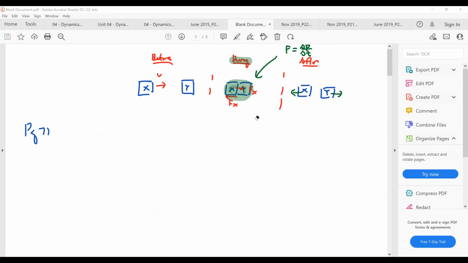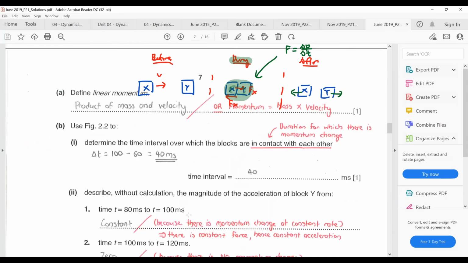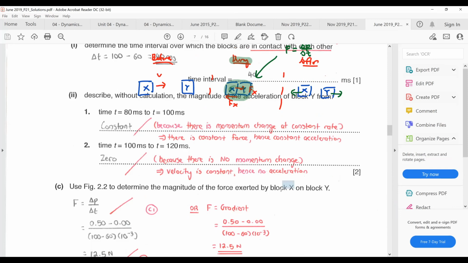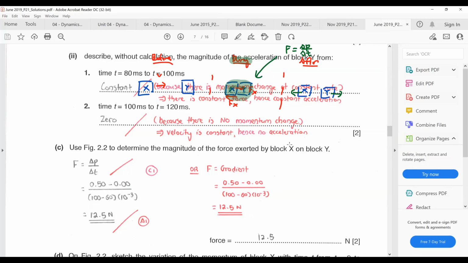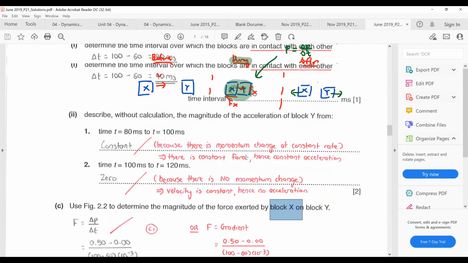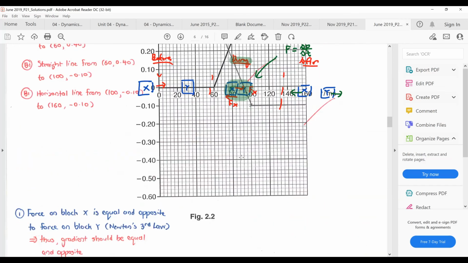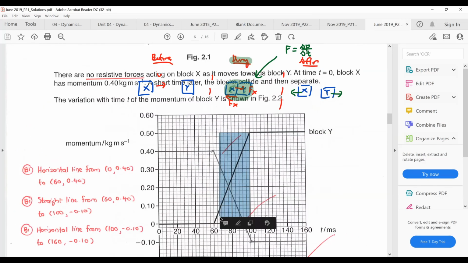Right now they're asking you to find out the force exerted by block X on block Y. To find that out, you just need to look at this one.